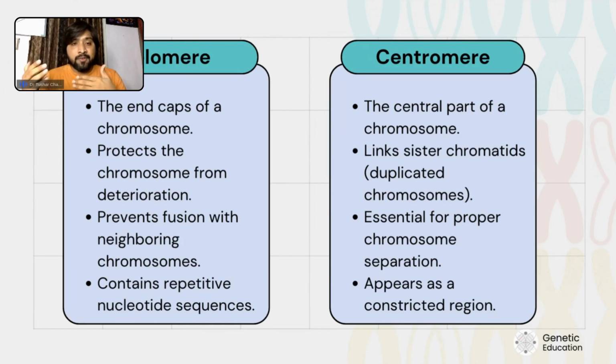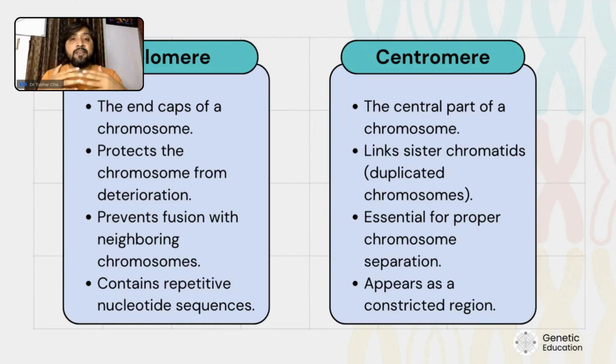Whenever replication starts for a chromosome, or we can say for all the chromosomes, when it reaches the end of the chromosome, that is the telomere site, the replication process slows down, or sometimes it misses the sense of replication. That means whatever sequences are present on telomeres sometimes cannot be correctly replicated.